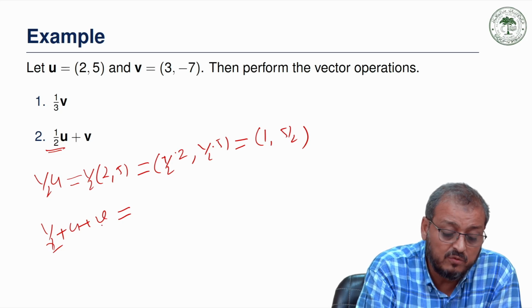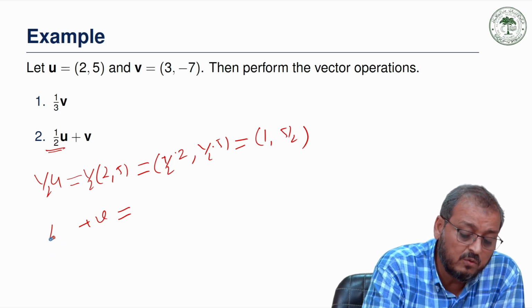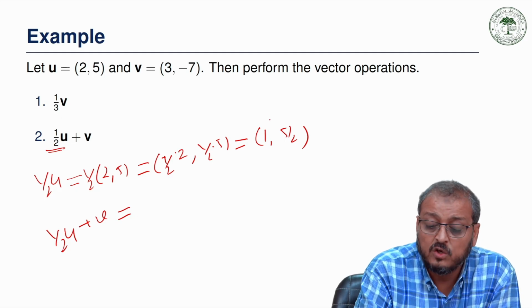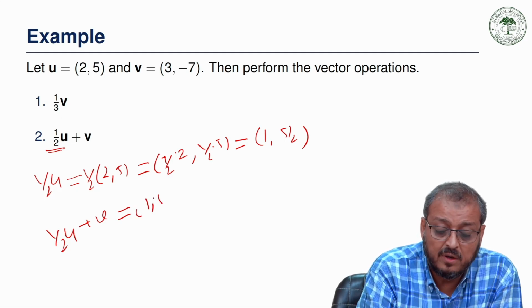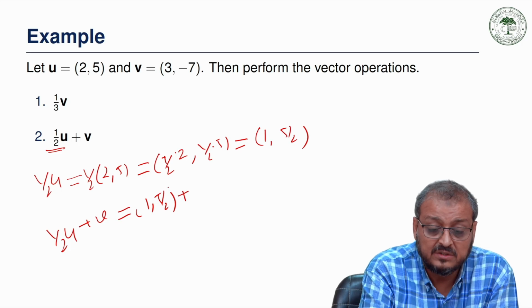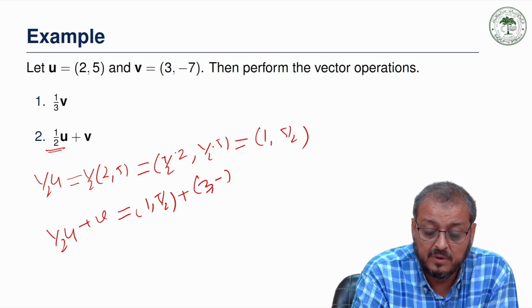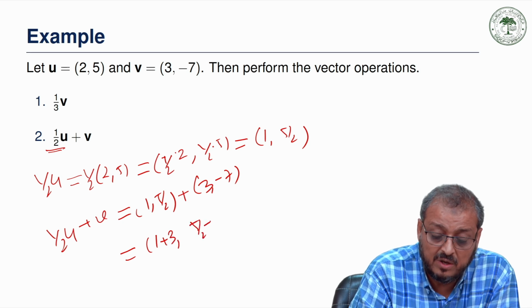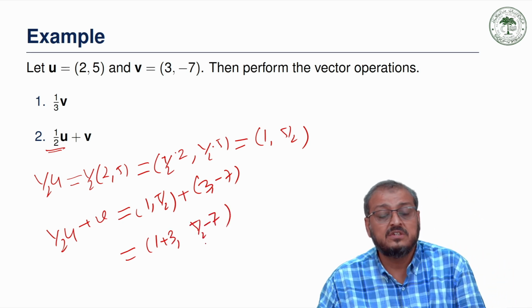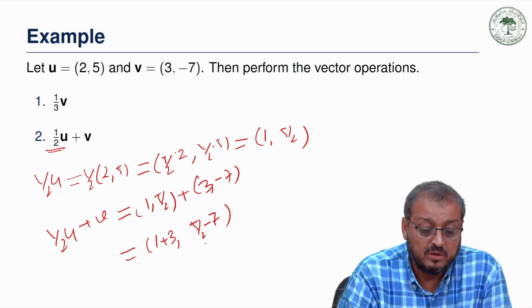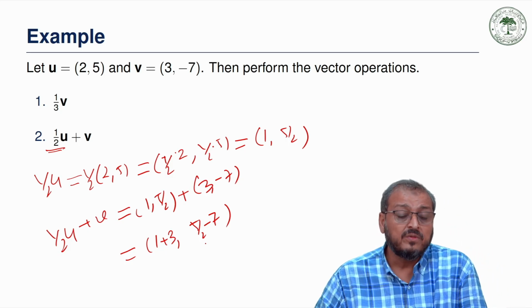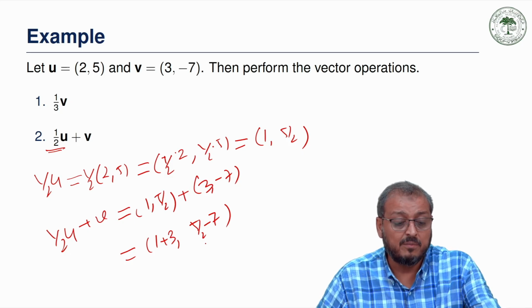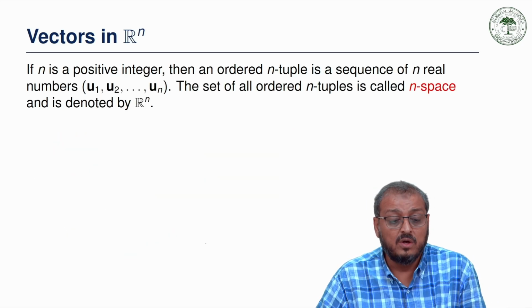Because 1 by 2 u we have calculated, 1 by 2 u is equal to (1, 5 by 2), then plus v is equal to (3, -7). So this is equal to (1 plus 3, 5 by 2 minus 7), and that is the calculation of 1 by 2 u plus v in this case. So these are the vector operations of scalar multiplication and addition.